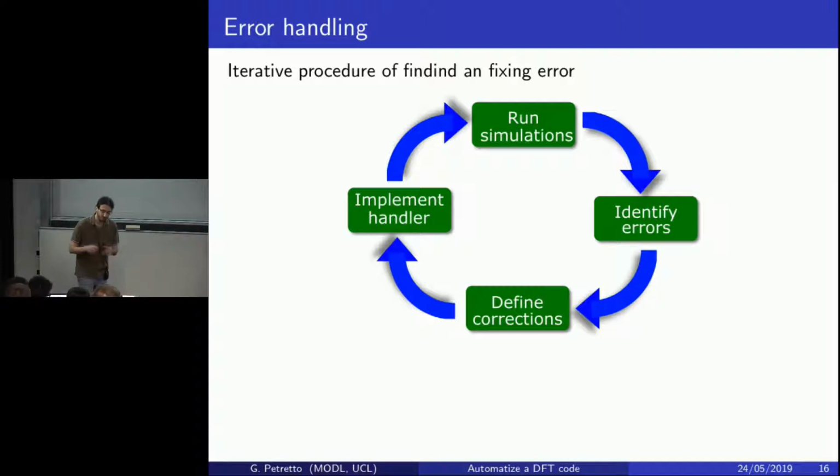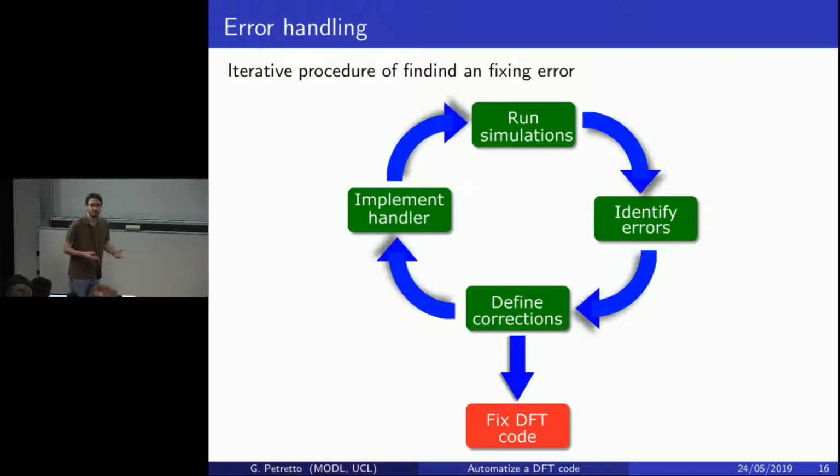And also this is very convenient because this is an iterative procedure of defining errors and ways to handle them. So basically you run a simulation, you find an error, and then you try to find a way to fix it, and you may fix it at the level of the implementation, but on the other hand, we had a few cases where the errors obtained in the high-throughput calculations also allowed us to fix errors directly in the DFT code.